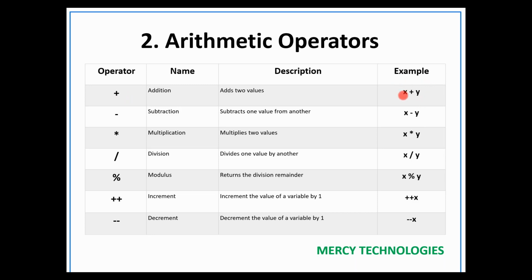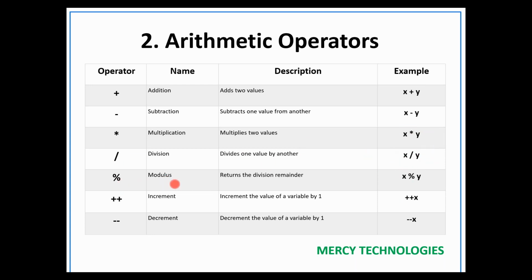Here I have given examples. Minus subtracts one value from another value, and it can be performed on variables or on values. Multiplication is used to multiply two values or variables. Division is used to divide two variables or values.